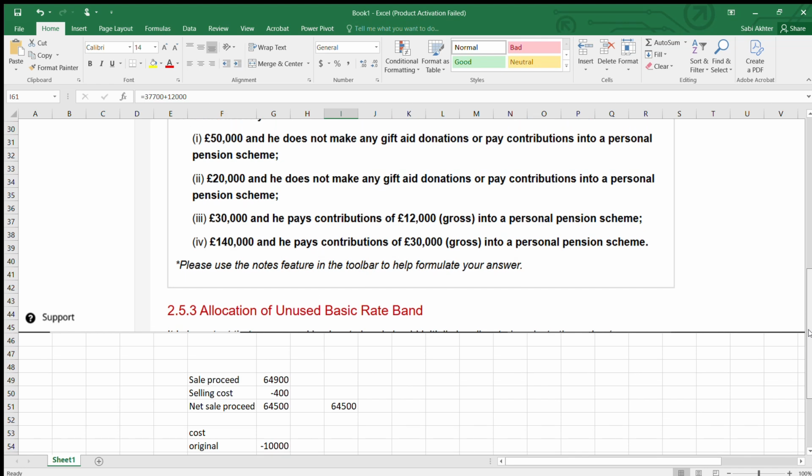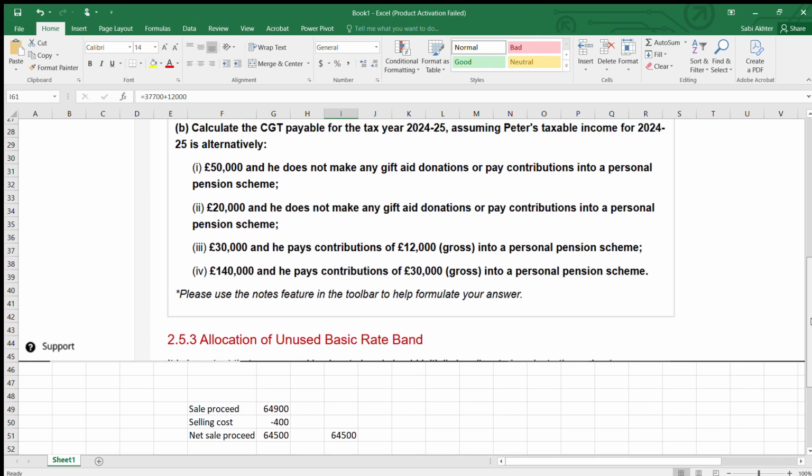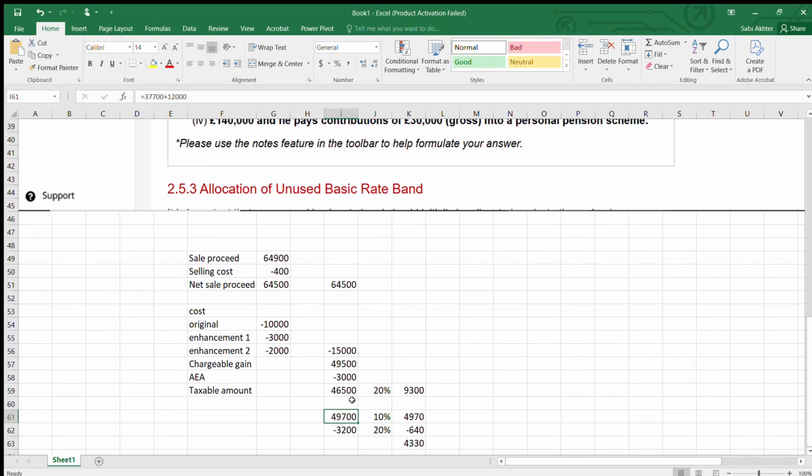And your taxable income is 30,000. So from this, your basic rate band left is 19,700.